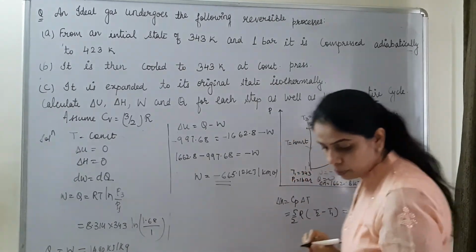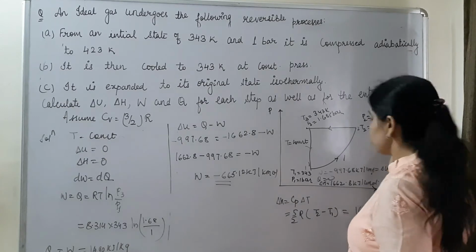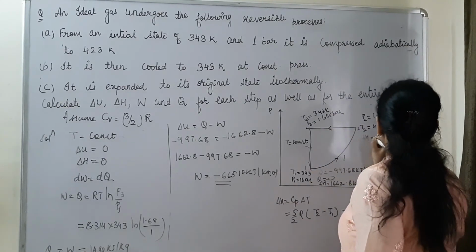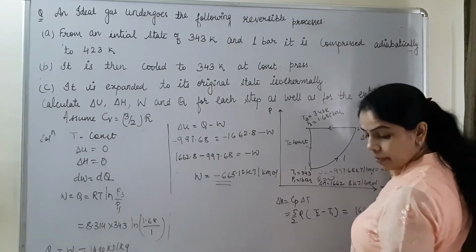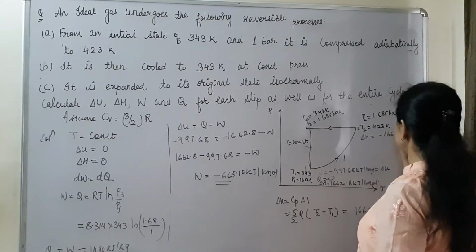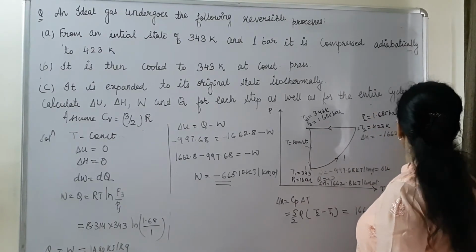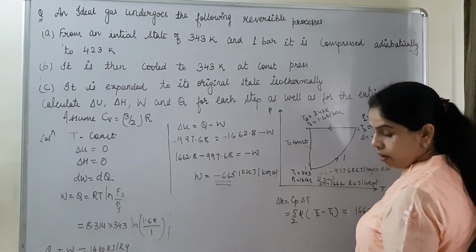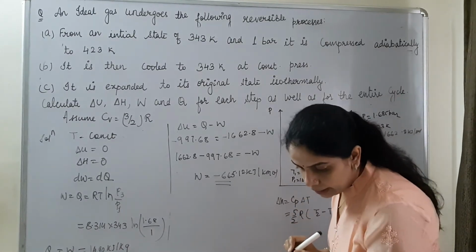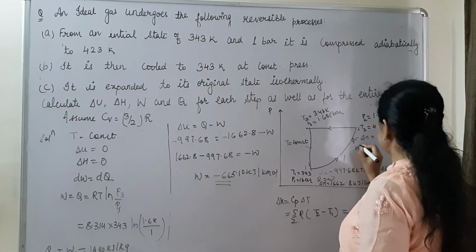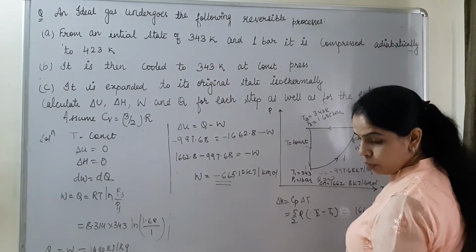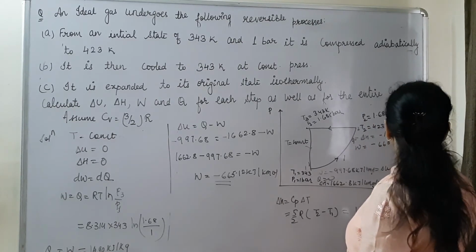And for the second process, the isobaric process, the value of delta H is minus 1662.8 kilojoule per kilomole, which is also equal to Q. Then W is minus 665.12 kilojoule per kilomole.